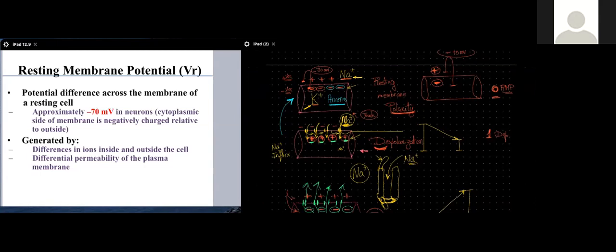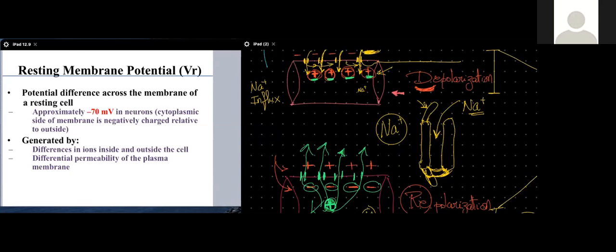My sodium, exactly. And in order for me to conduct another signal, you can't conduct a signal while you have a signal already in the cell. So you can't depolarize while you are depolarized. You need to go back to the polarized state for you to depolarize another time.